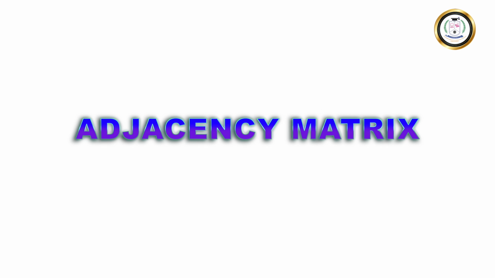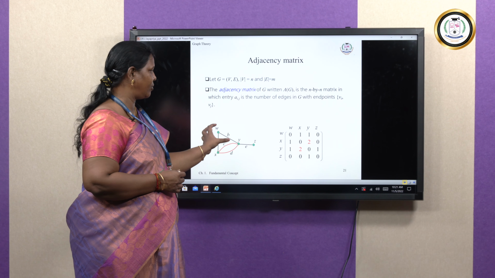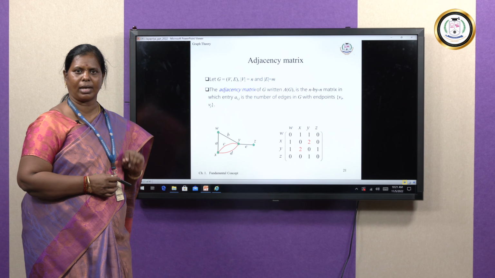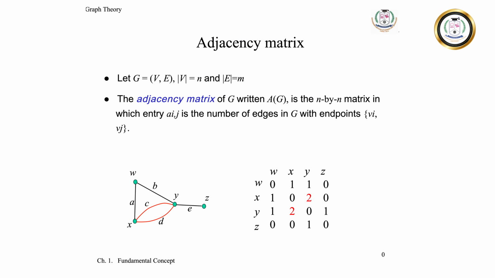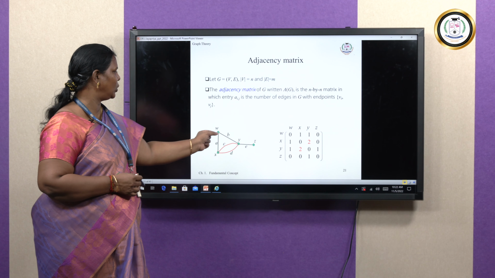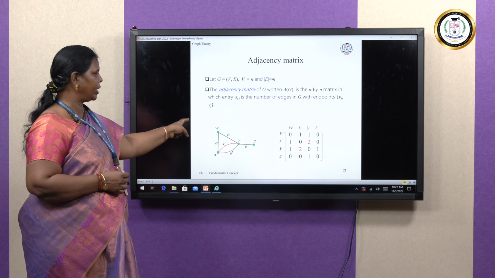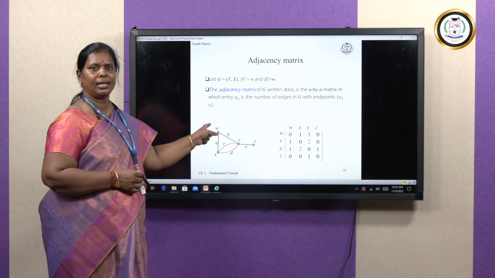So, let us now look into what an adjacency matrix is. An adjacency matrix is obtained from the given graph by writing out all the vertices. Here is an example where there are 4 vertices, namely W, X, Y, Z. We write them row wise and column wise and look into the edges for each pair in this graph G. You look into W and W, is there any edge?